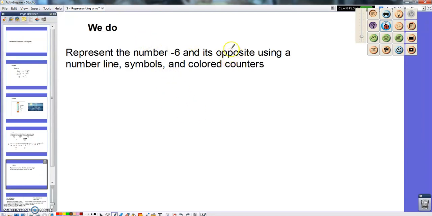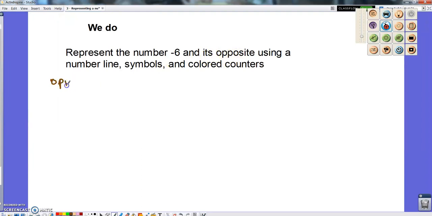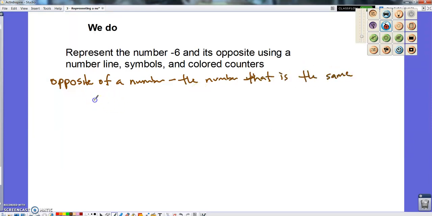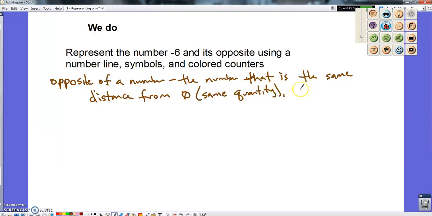All right, so the first thing to know, opposite, I guess I need to write this down. The opposite of a number is the number that is the same distance from 0, or the same quantity, but the other direction.